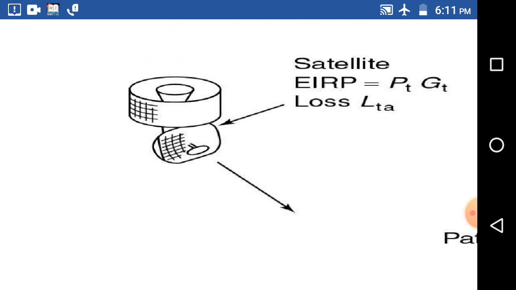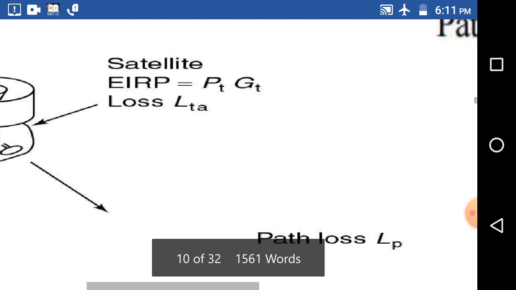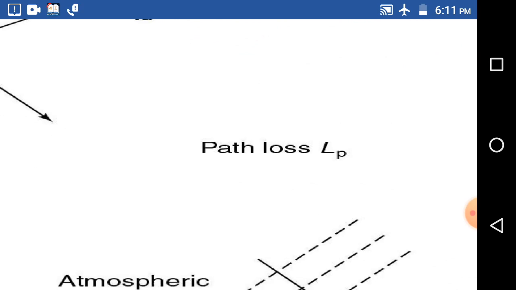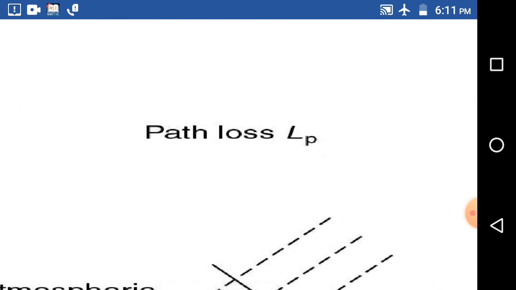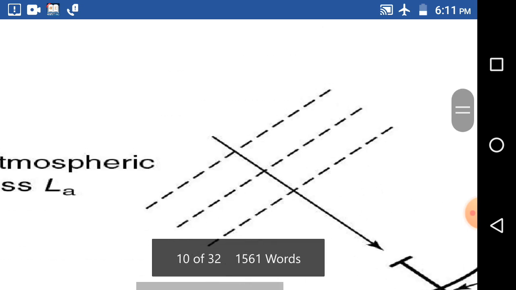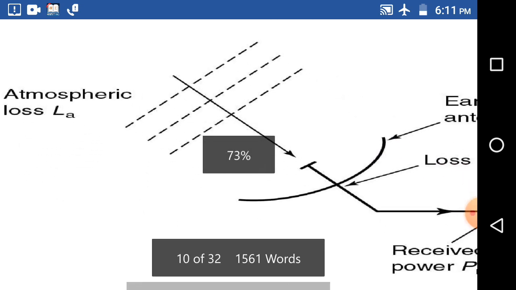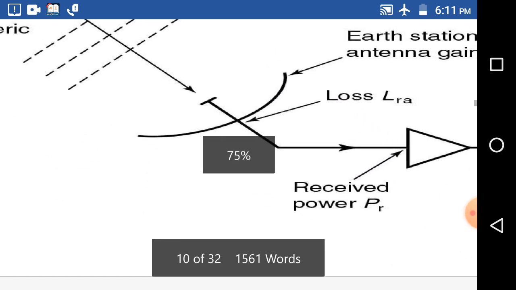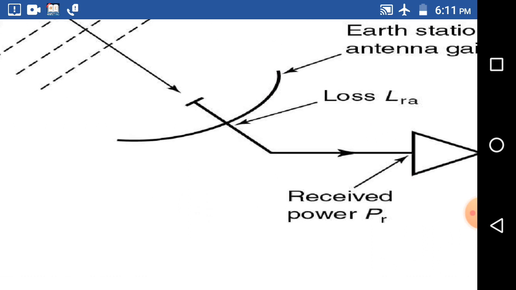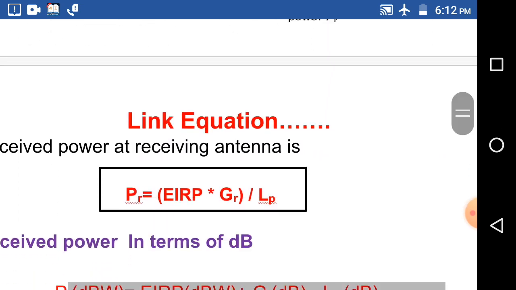That loss is known as LTA, the transmitting antenna loss. Then in the previous equation we saw LP is the path loss. That loss will be added. The third loss in any satellite link is the receiving antenna loss, known as LRA.